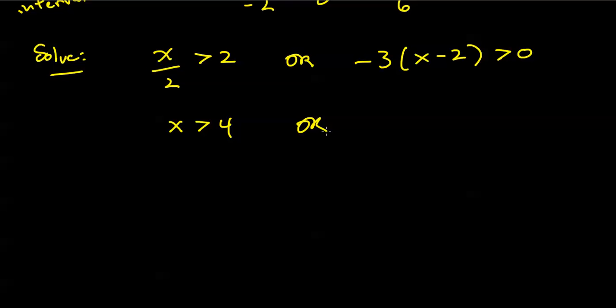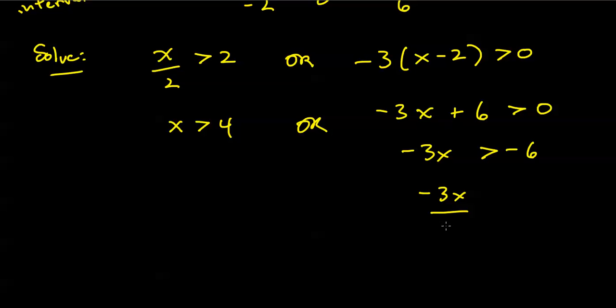Or, let me work on the right-hand branch here now. If I solve for x in the right side inequality statement, of course I've got to apply my distributive law. Minus 3x plus 6 is greater than 0. If I subtract 6 from both sides, I get minus 3x is greater than minus 6.